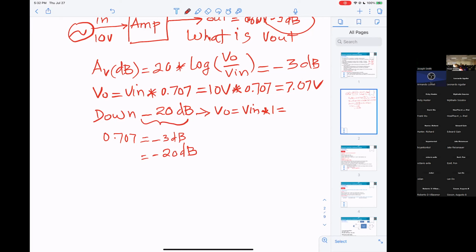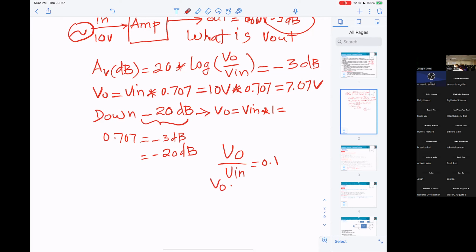It's not 1 times. They give you 10 volts, and it will be 1 volt. Let's see, V out over V in equals 0.1.